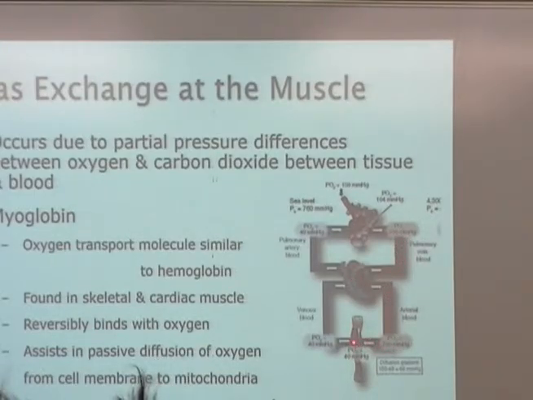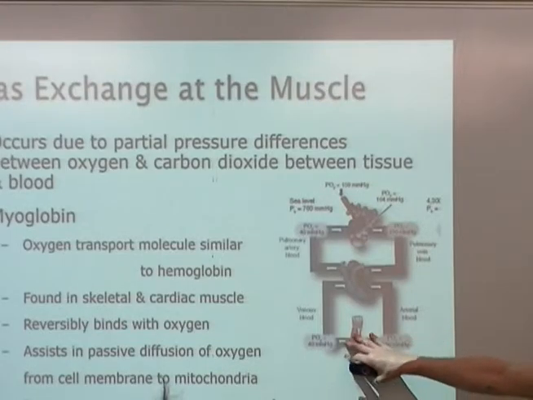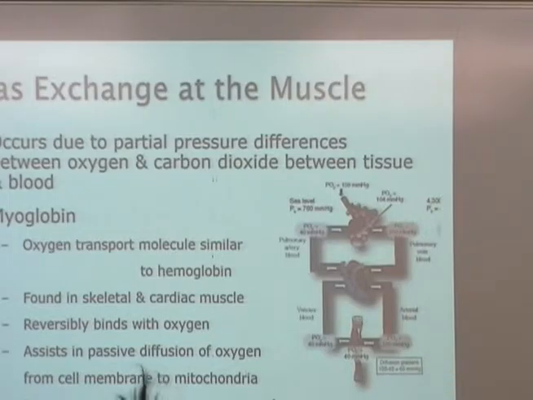I get to the muscle, the diffusion gradient, right? The pressure in the muscle is only 40, so I have a diffusion gradient then of 60 millimeters of mercury. Big steep gradient, take the handbrake off, car runs down a hill very fast. Makes it very easy to get oxygen into the muscle tissue.